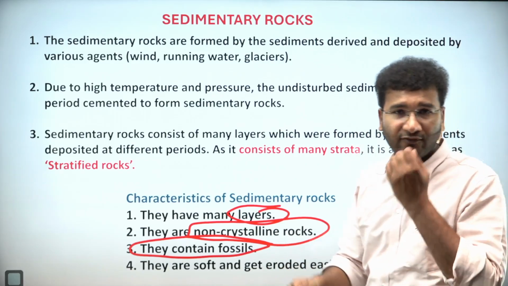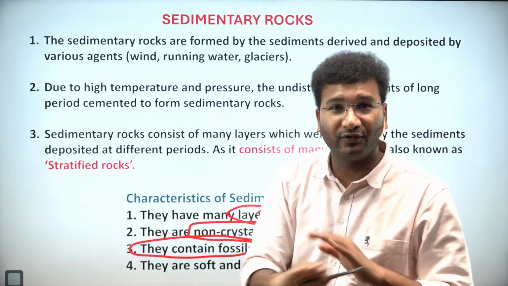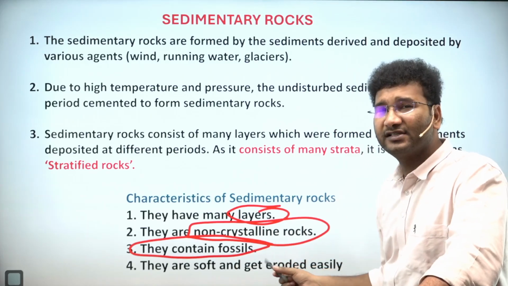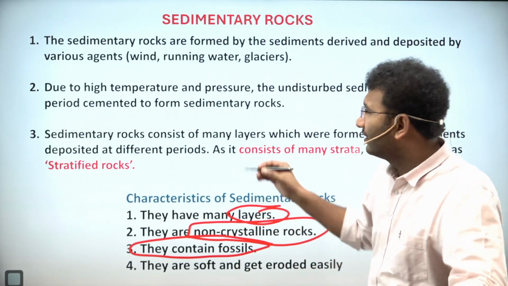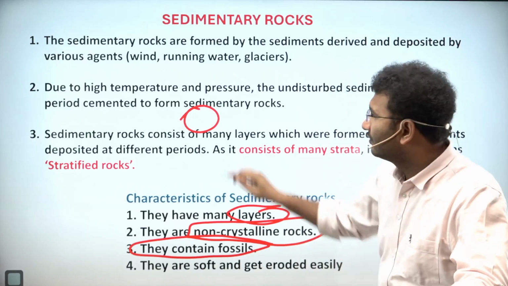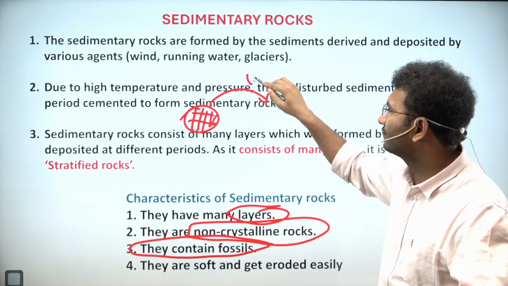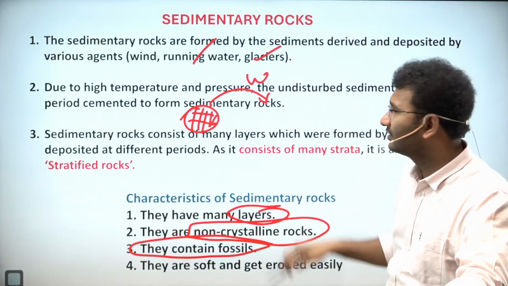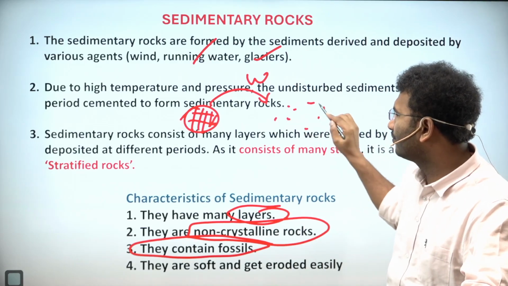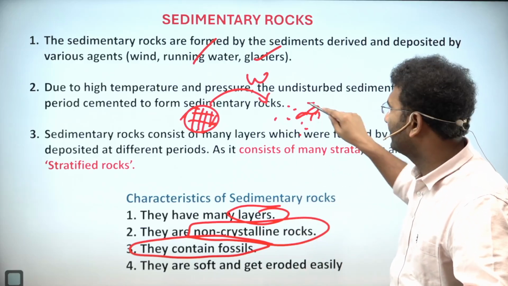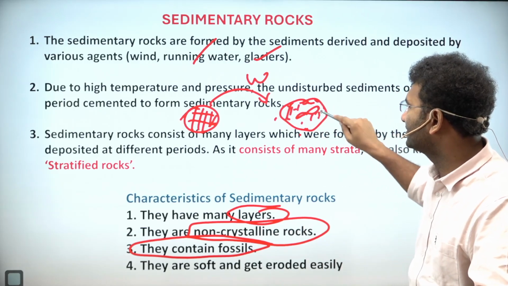Do you have fossils in the igneous rock? There are no fossils in the igneous rock, but here you will find fossils. Now why do you find fossils here? It is because, suppose this is an igneous rock which got broken into pieces and is transported by wind, running water or glaciers. Now among these small broken pieces, maybe there is an animal which died here. Now this animal will be buried under these rocks.